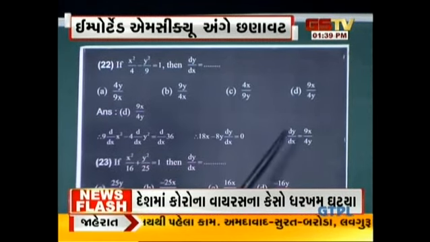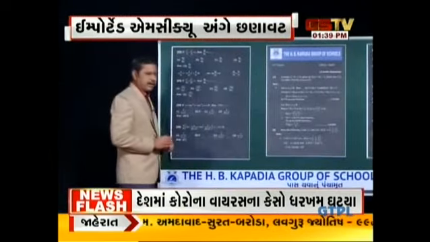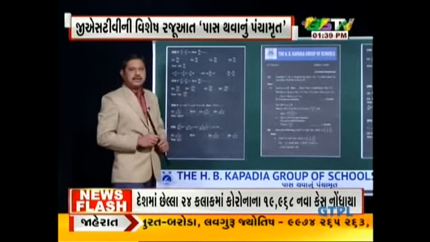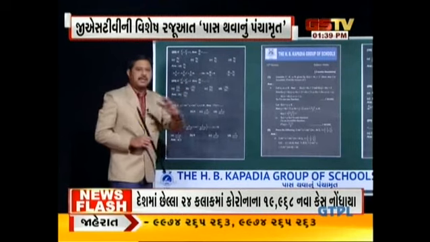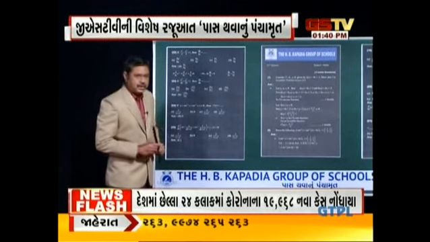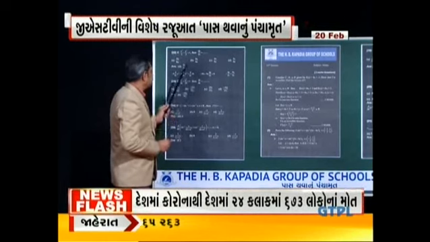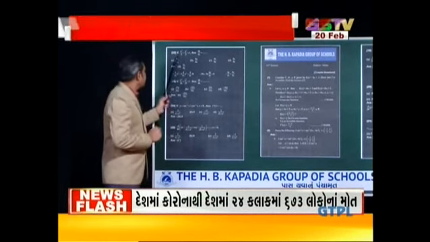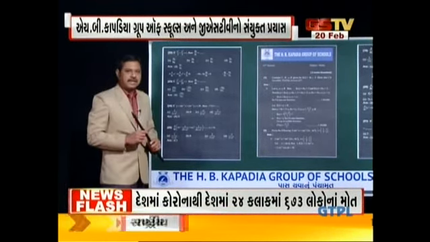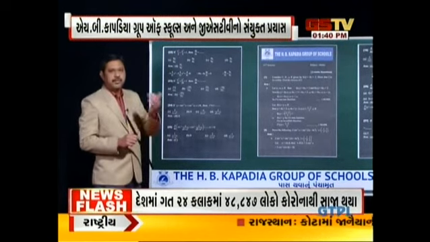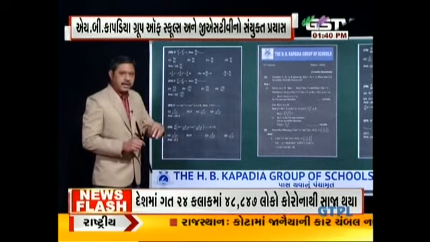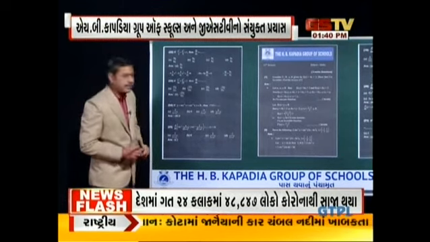answer 9x upon 4y. Now we apply here from if we take derivative, so we get the right option, but we apply a shortcut method for this result, so we get direct answer. See, the result is what? First we have to derivative x square function. So x square derivative is 2x upon 4 divided by derivative of y square function.